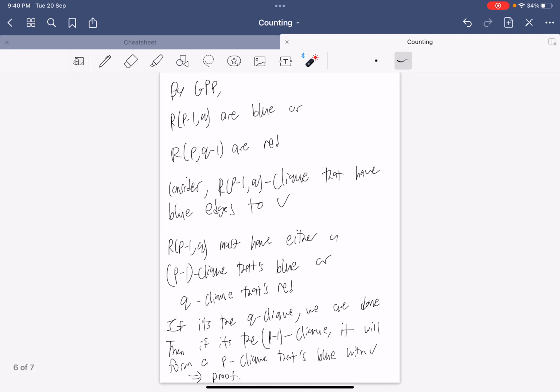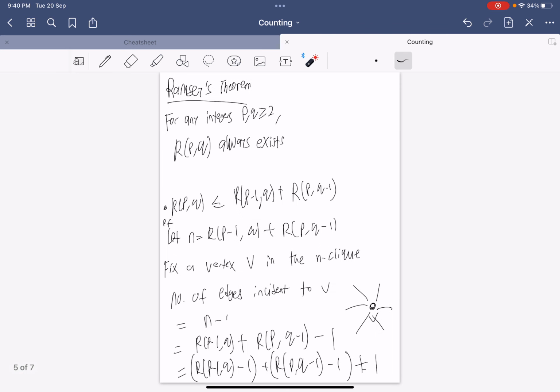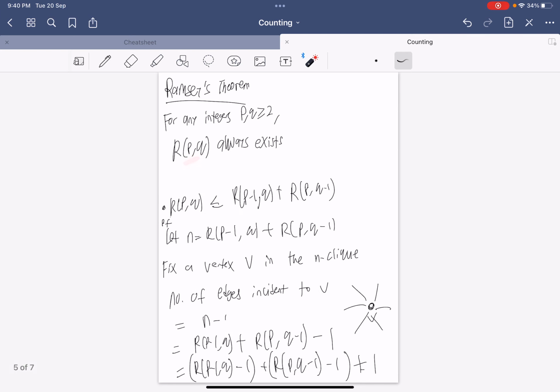If not, then if it has a P minus 1 clique that is blue, because it is connected to V by only blue edges, this will form a P clique that is blue. And this proves that this number clique would have the following property, that there is either a P blue clique or Q red clique. And hence any Ramsey number, because it's the smallest one that fulfills this condition, must be less than or equal to this number.